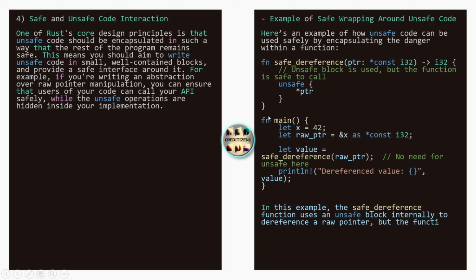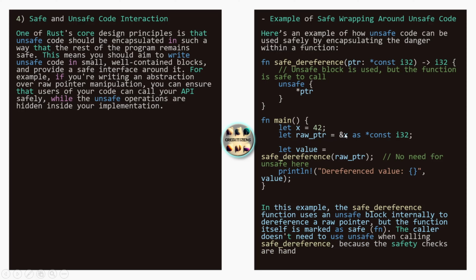And after that, in main, we declare an integer x equal to 42, and a raw pointer, which is the ampersand of the x variable, a reference to it. We cast it into a *const i32. Then we create a value variable which calls the function.